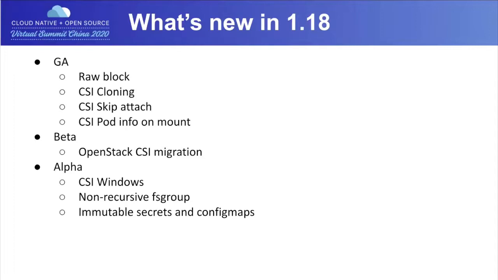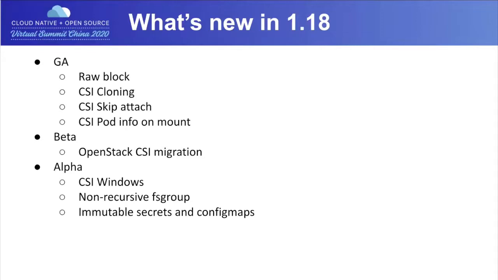The next alpha feature is to be able to support setting an FS group change policy in the pod security context. So this is to help solve a scaling problem with the current FS group implementation, where Kubernetes has to recursively walk through every file in a volume and change the ownership of those files to match the ownership on the pods.